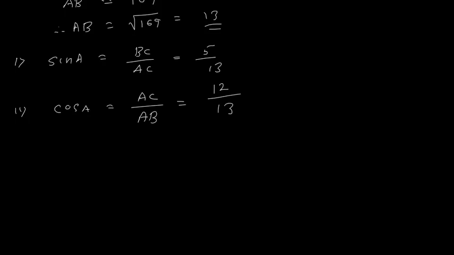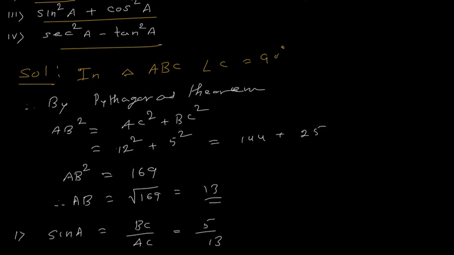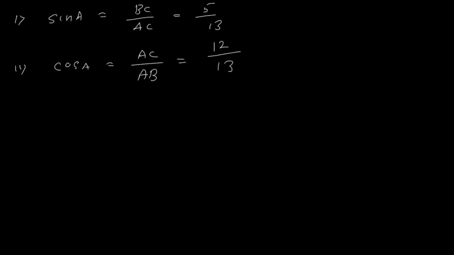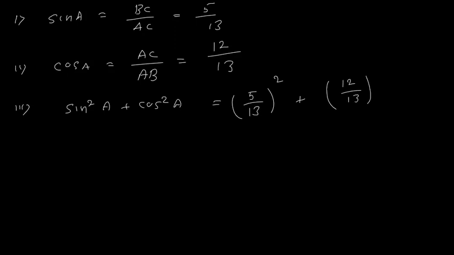Now what do I have to find? I have to find the value of sin square A plus cos square A. So third, we have to find sin square A plus cos square A. I have the value of sin A is 5 upon 13. So I will write 5 upon 13 the whole square plus cos square A. The value of cos A is 12 upon 13. So I will write 12 upon 13 the whole square.